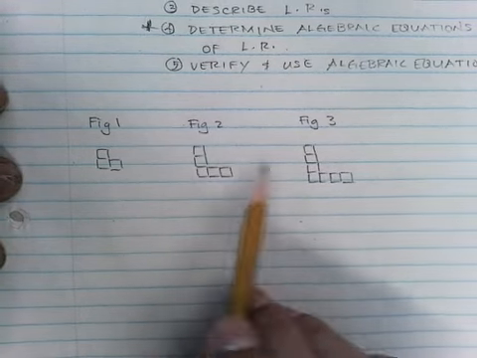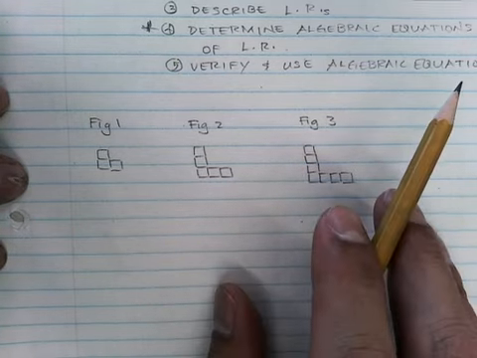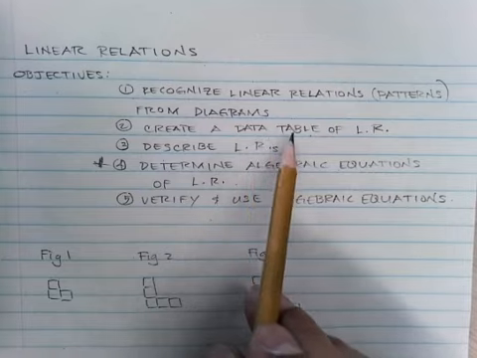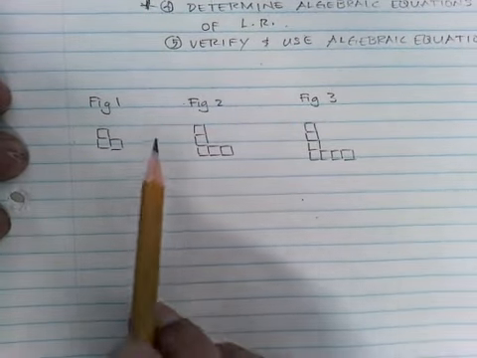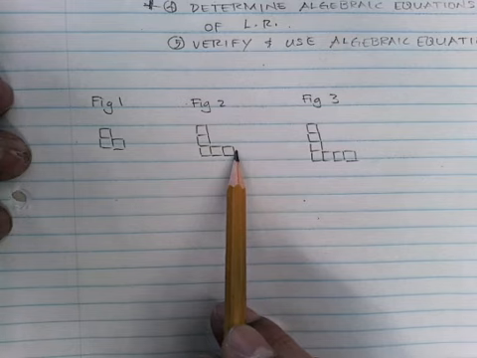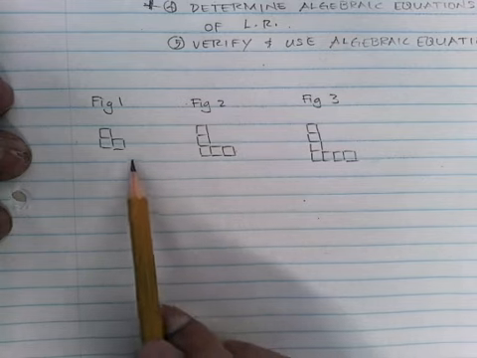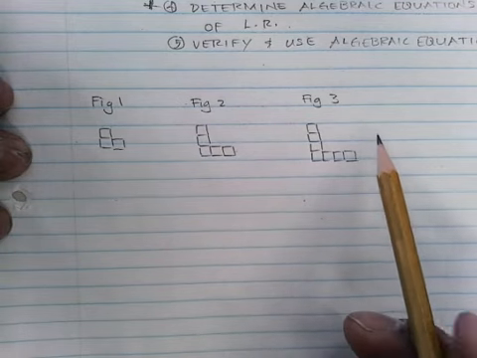From this relation, I think we should be able to create a data table. But to prove that this is a linear relation, let's just count the squares. 1, 2, 3 here in figure 1. 1, 2, 3, 4, 5. So from here to there is an increase of 2. If the next one is an increase of 2, then this definitely is a linear pattern.